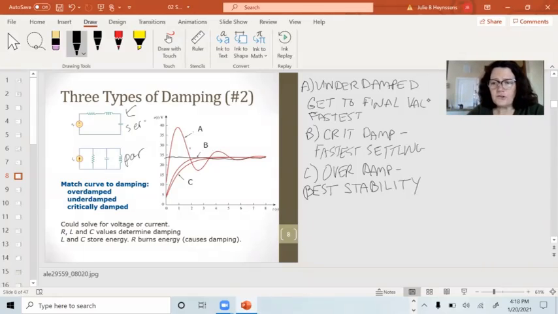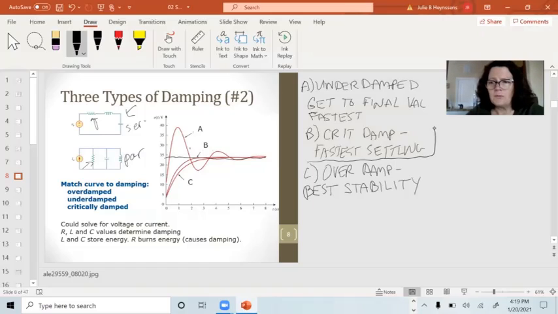If I want to change the particular level of damping in a circuit, the easiest way to do it is twiddling R. If I just vary the R value and leave the L and C the same, I can move between overdamping, underdamping, and critical damping. And I did that a lot in the lab. When I was trying to build a precision measurement circuit, I tried to get it as close to critical damping as I could.